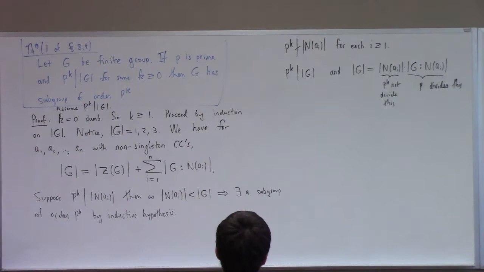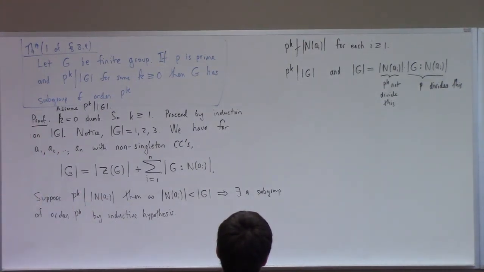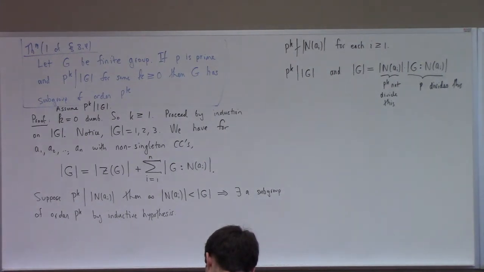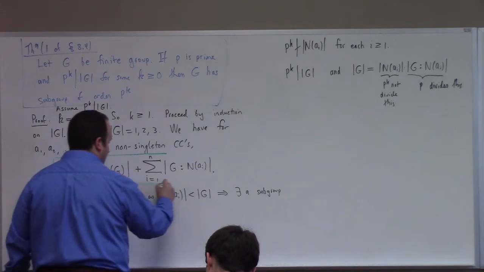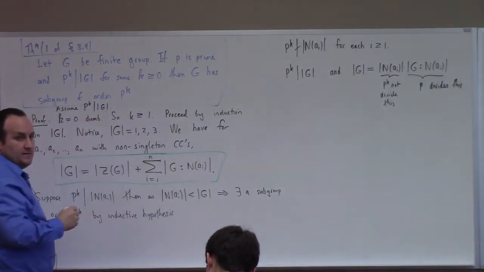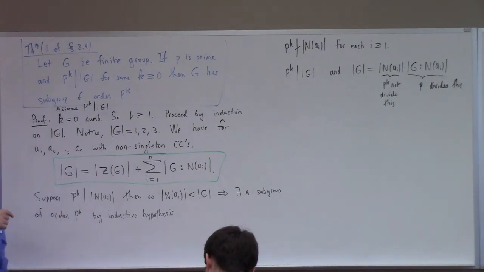okay, so then what? Then we can go back to the class equation, right? What does the class equation tell us? So you look at this, right? What do we have? We have p to the k does not divide that. Well, I'm sorry, but what does divide that?